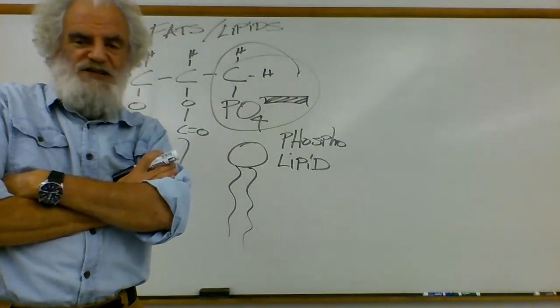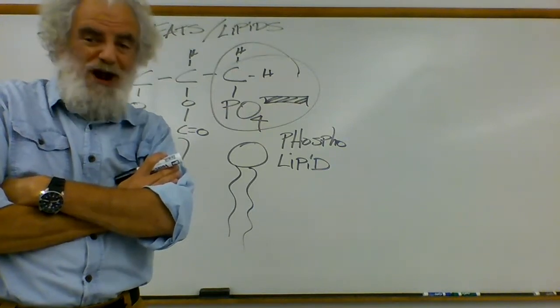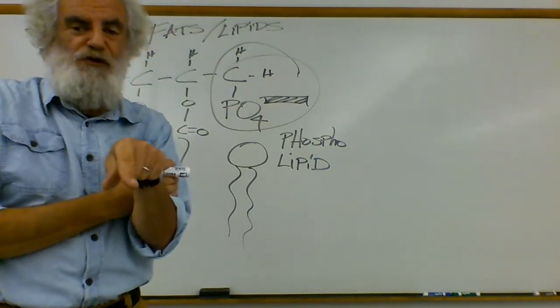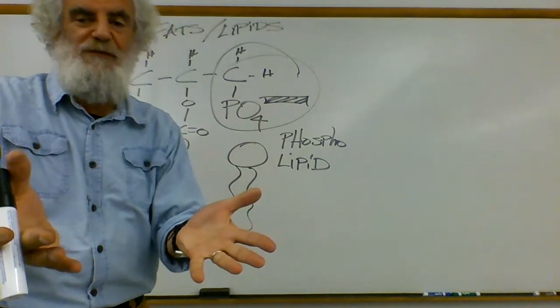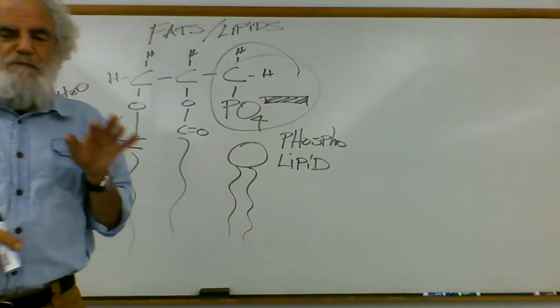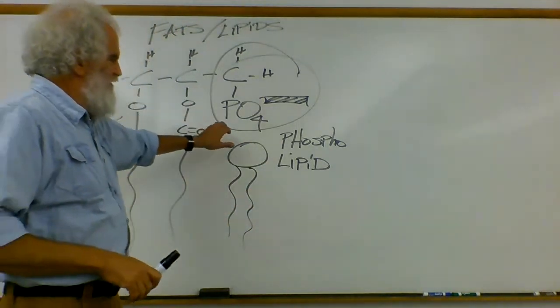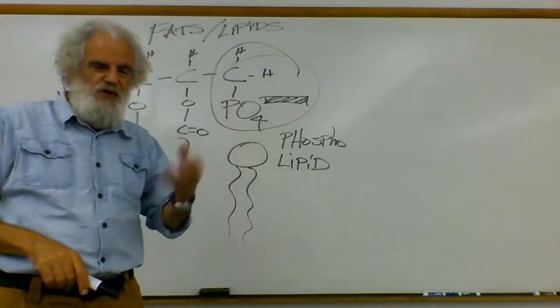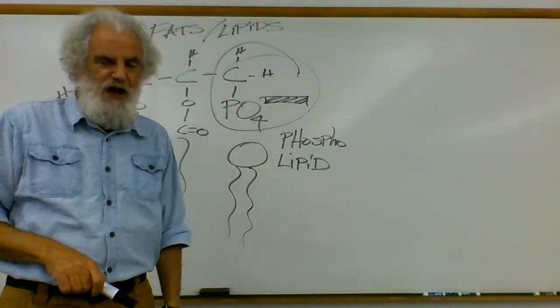Now, if you want to know what phospholipid looks like, crack open an egg and eyeball the yolk. That's phospholipid. And most phospholipids, in addition to having a phosphate, will have a decorative molecule. A molecule called choline is the most common one.